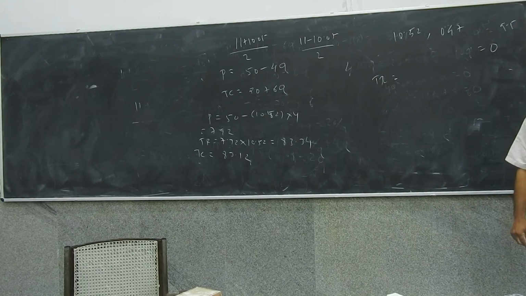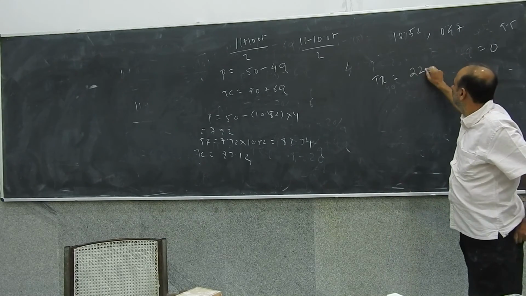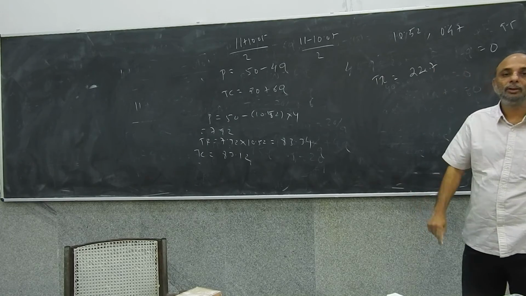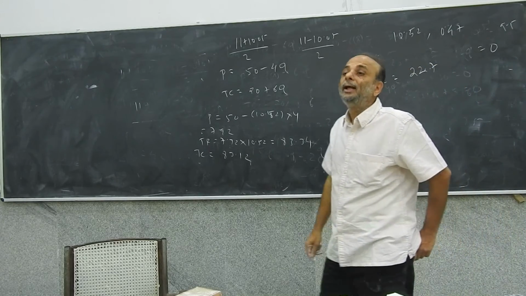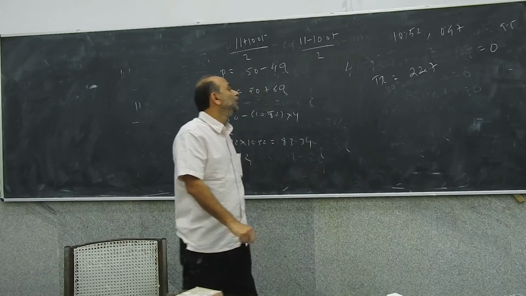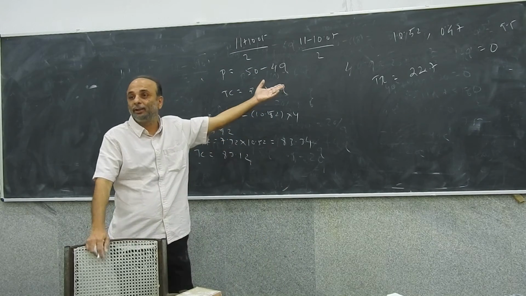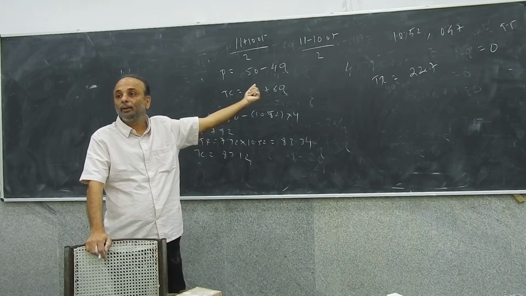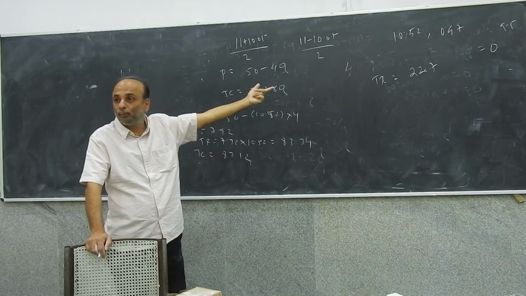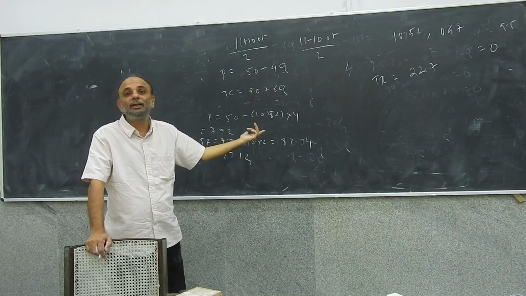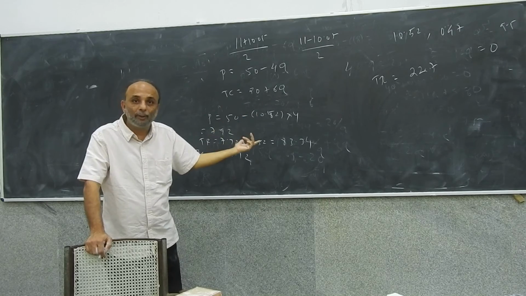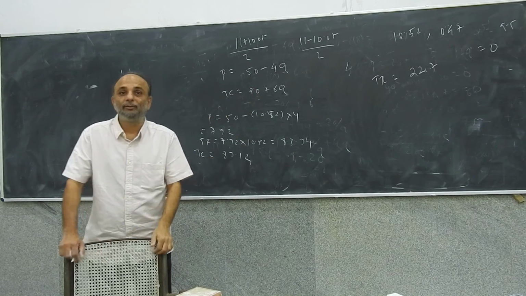Total revenue is 22.7. And what will be total cost? 22.8. In fact, in both cases you realize that this is not worth producing. Total revenue is 22.7, total cost is 22.8, so you can't produce 0.47.